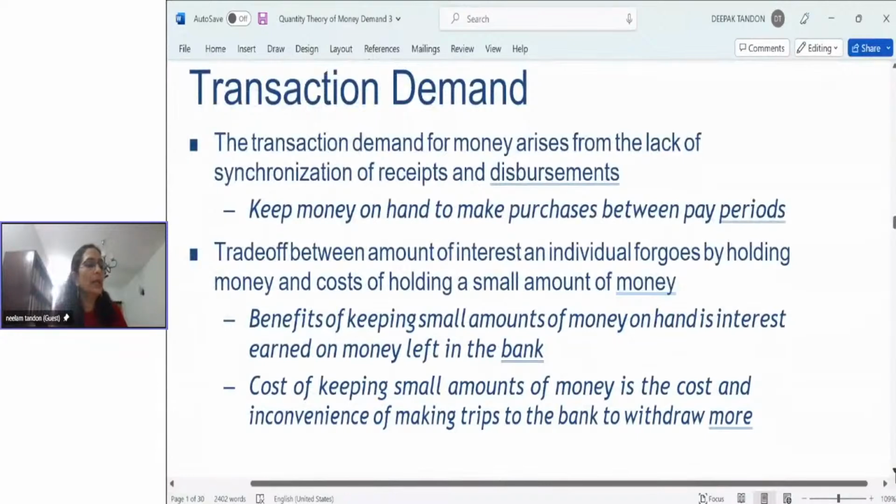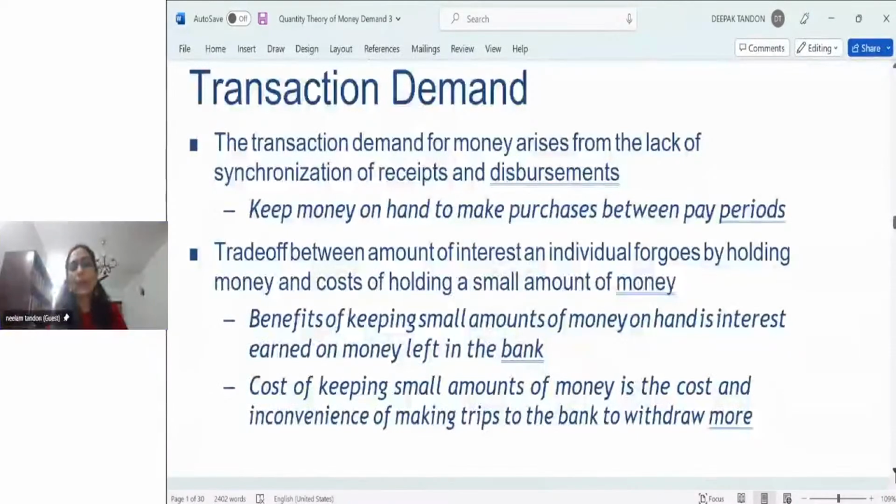You want to buy anything at any point of time, so you should have money. That is money demand for the transactive motive. There is a trade-off between the amount of interest an individual forgoes for holding money. We have already shared the cost of holding money. What is the cost of holding money? You keep cash, you forgo interest. That is the cost of holding money.